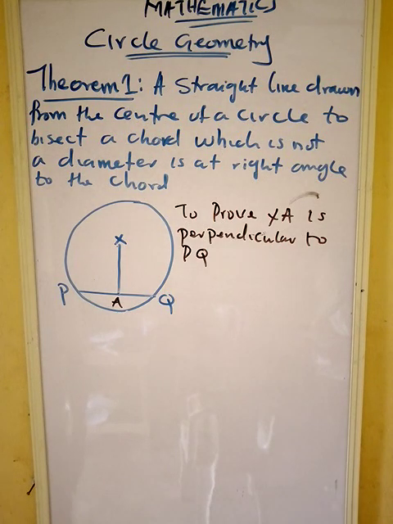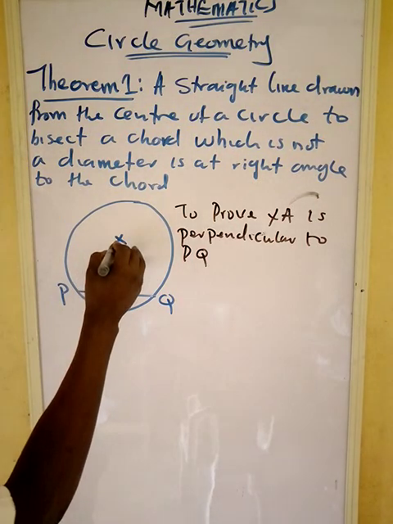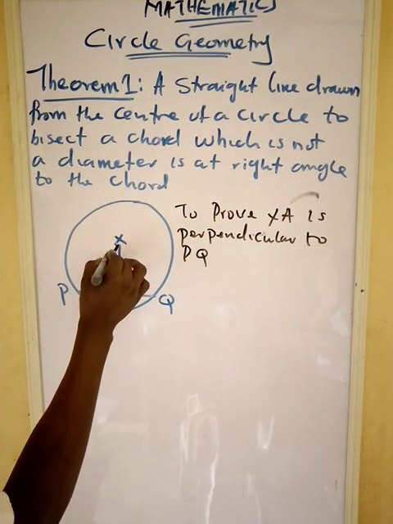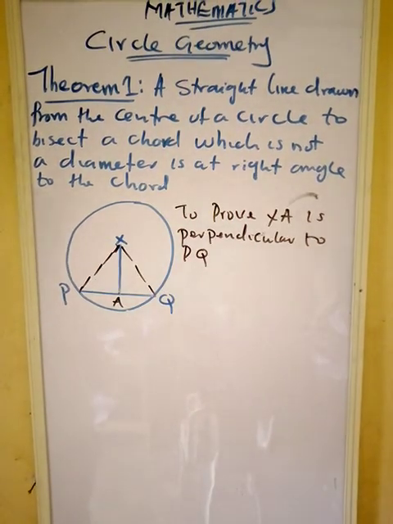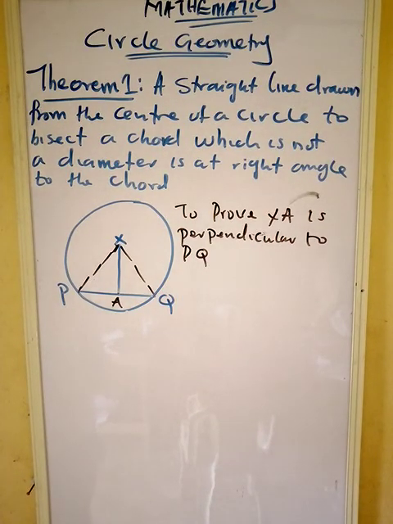We need to do some construction here. We join this together. So we want to prove that XA is perpendicular to PQ.